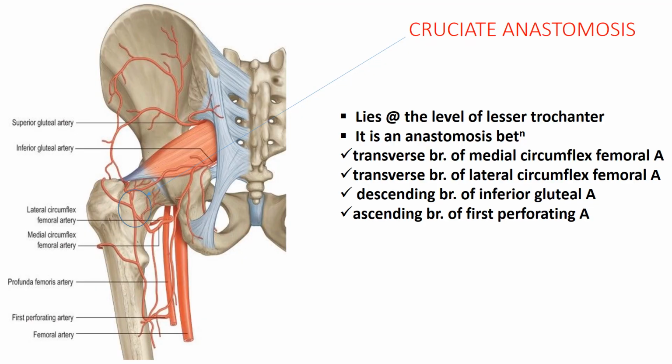Now there is another anastomosis lying a bit below. This is known as the cruciate anastomosis. It is formed between the transverse branches of the medial circumflex and lateral circumflex femoral arteries, the descending branch of the inferior gluteal artery, and the ascending branch of the first perforating artery. It lies a bit below, at the level of the lesser trochanter, and as you can see, it is a plus shaped or cross shaped anastomosis.